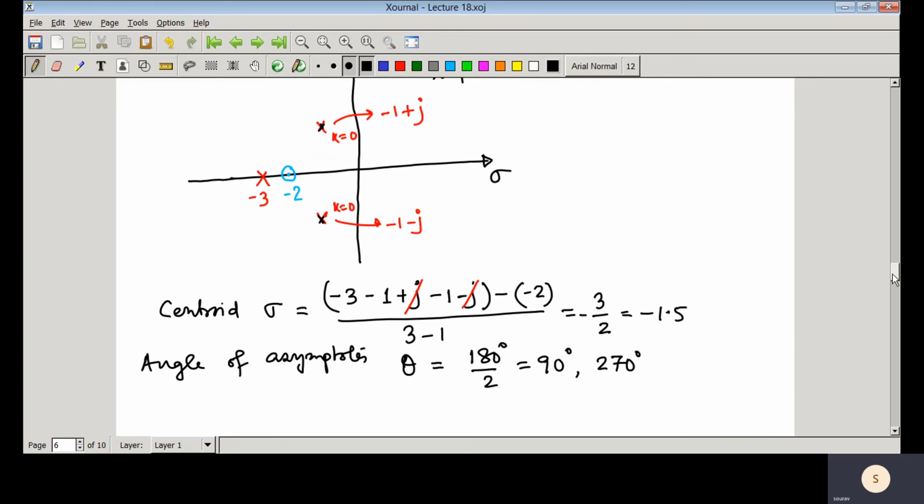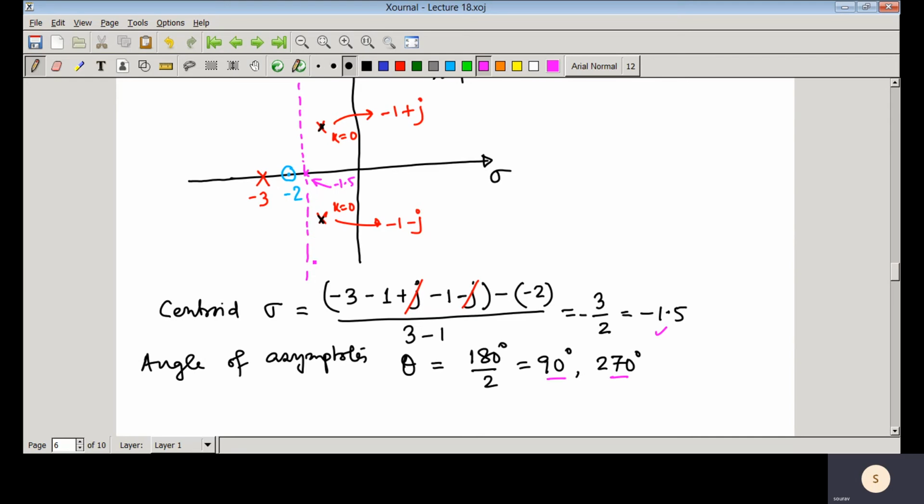So that means you can see that the centroid is at minus 1.5. So this is the point which is minus 1.5, and the angles are 90 and 270. So basically your asymptotes would be like this.